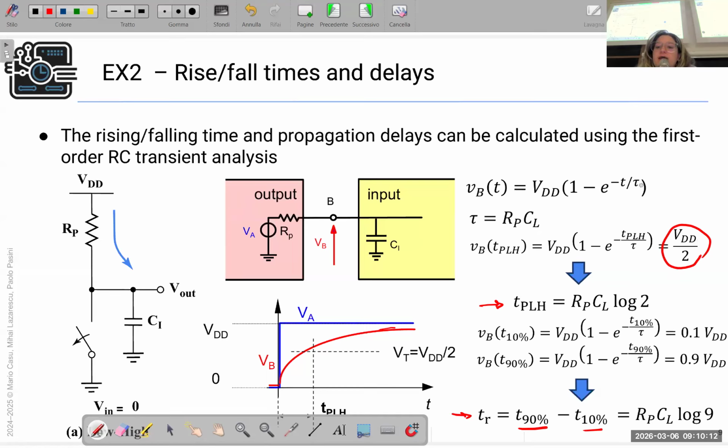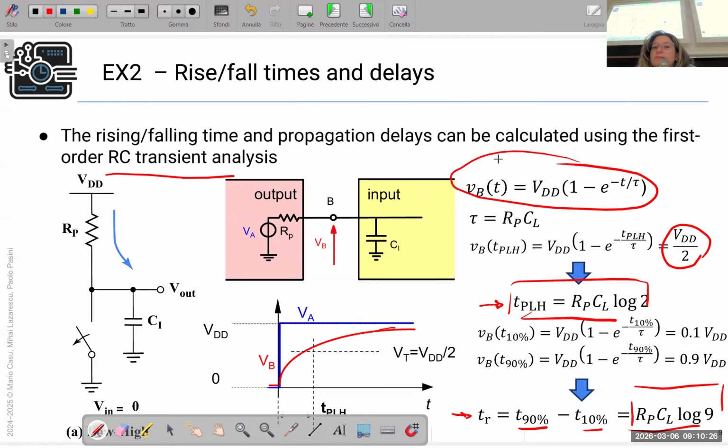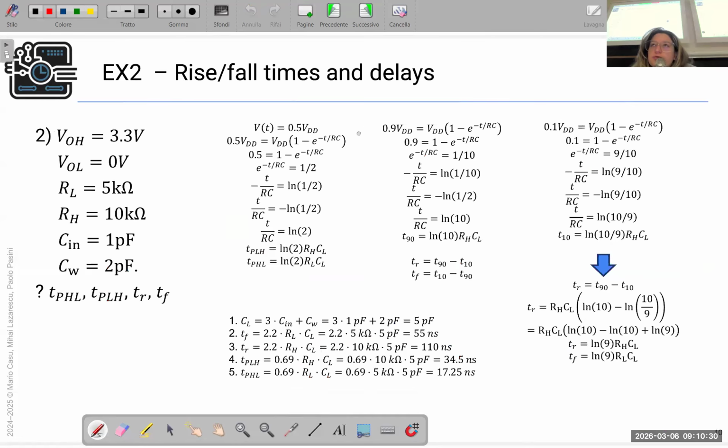Okay. To derive the simple formula, we have to use the first order RC transient analysis, which is this equation. So in this case, I derived it for you. For the propagation delay, the voltage must arrive at half of VDD.